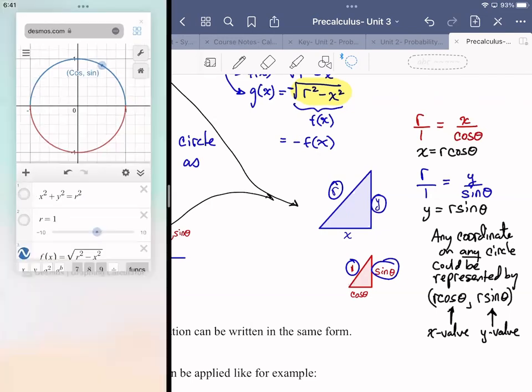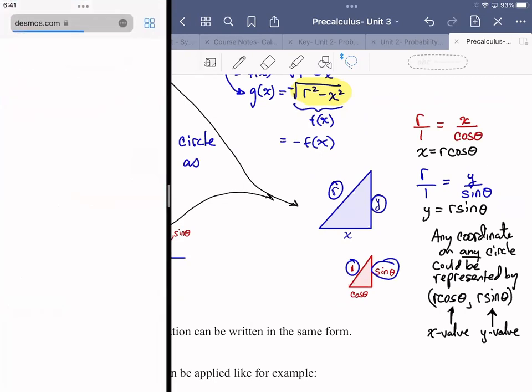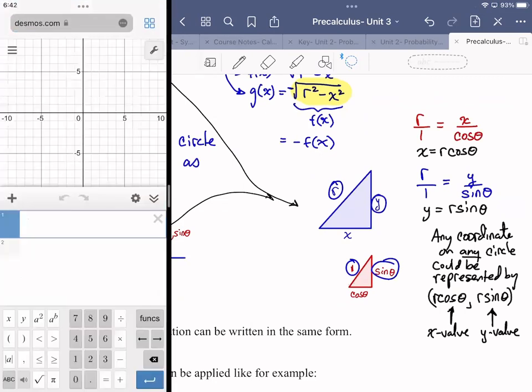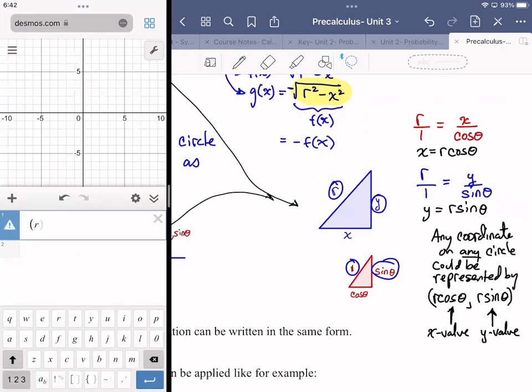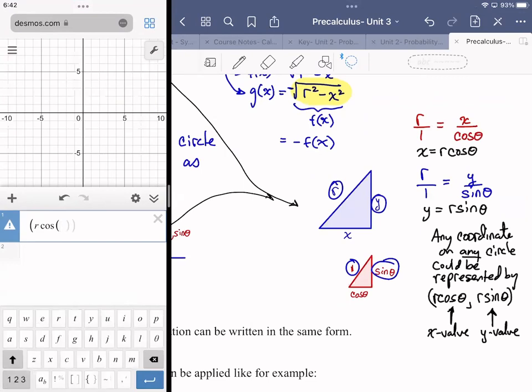I'll save this one, but I'll open a fresh new one. And say, parentheses, r cosine. To get a theta on Desmos, it's the dumbest thing ever. There's no theta key. Oh, it's the dumbest thing ever because the theta key is right there in front of my face and I never noticed it.